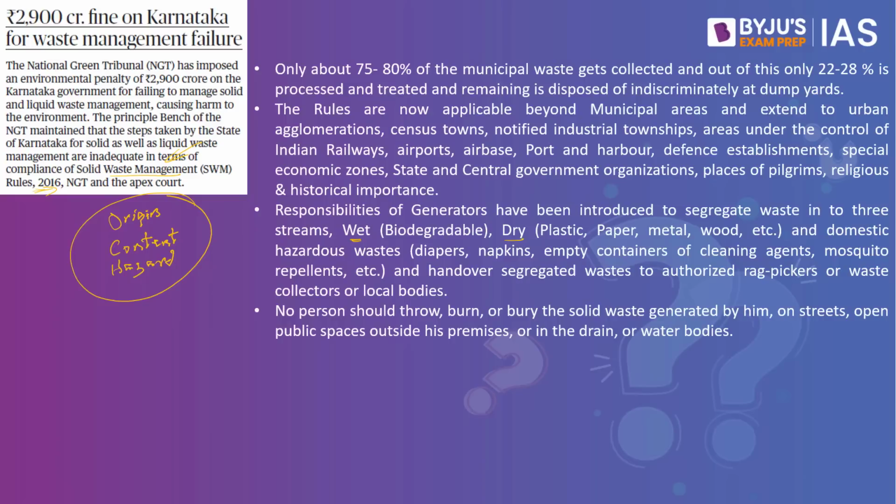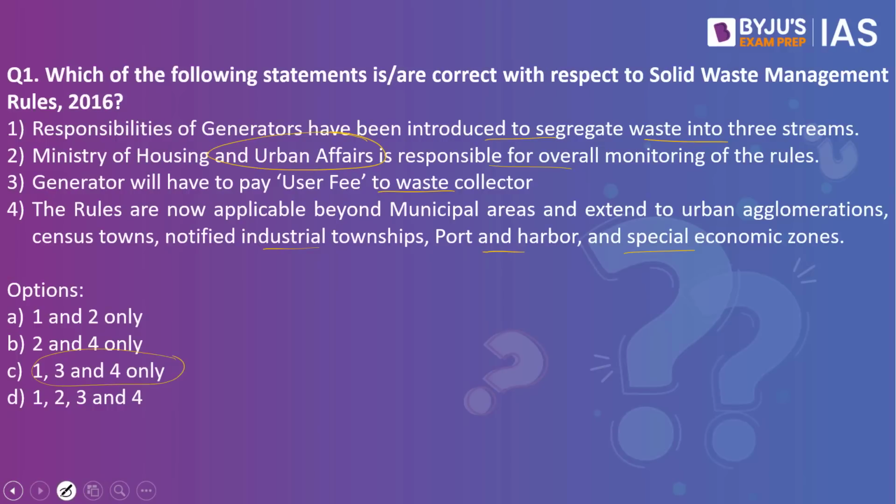Then dry: plastic, paper, metal, wood, etc. And finally, domestic hazardous waste, which includes diapers, napkins, empty containers of cleaning agents, mosquito repellents, etc. And this will have to be handed over to the authorized rag pickers or waste collectors or the local bodies.